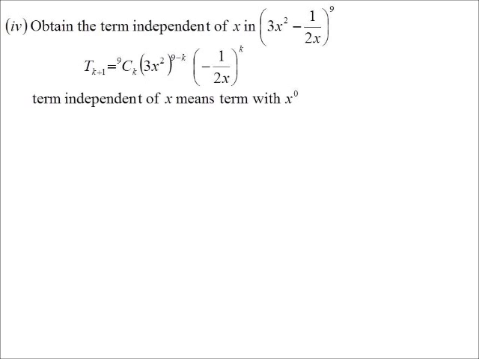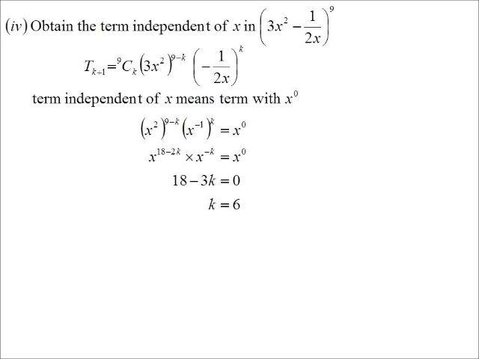So when I'm working this out, I don't worry about the coefficients. I'm just looking at the powers of x. So I'll have x squared to the power of 9 minus k, and I'll have x to the power of negative 1 to the power of k, and I know that's going to be x to the power of 0. And that'll allow me to find which term it is we're interested in. So if I expand that out, we get 18 minus 2k, times x to the minus k, 18 minus 3k, add the powers, remember. k turns out to be 6.